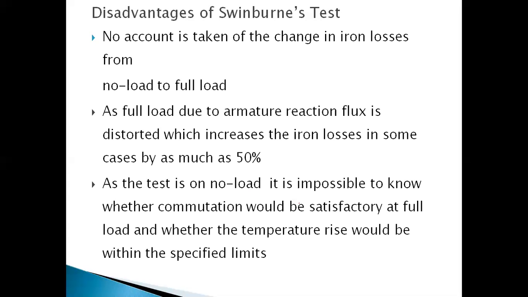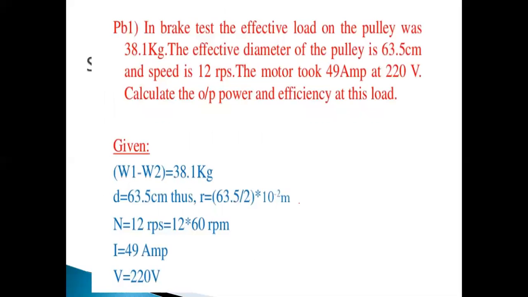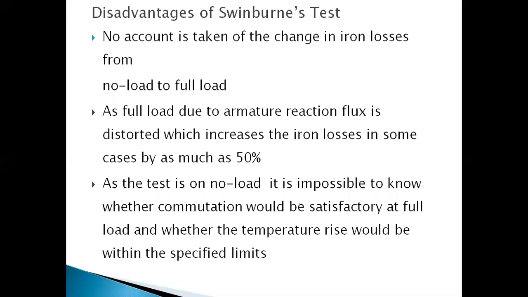We cannot be sure about satisfactory commutation on loaded condition because the test is done on no load. We can't measure the temperature rise when the machine is loaded, and power losses can vary with the temperature.